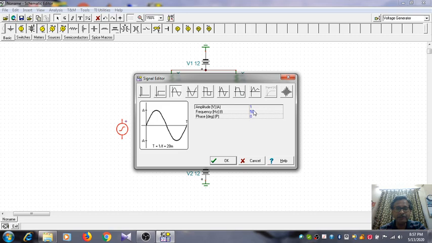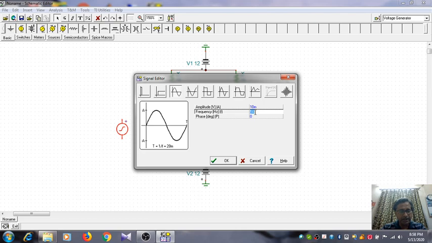As far as the value goes, 1 volt will be too high. We have seen that as far as the signal handling capacity is concerned, we have chosen to satisfy ourselves with a peak to peak value of say 20 millivolt or 25 millivolt. So here the amplitude we can take to be 10 millivolt, so 10 and then small m. And the frequency is not 50 hertz.